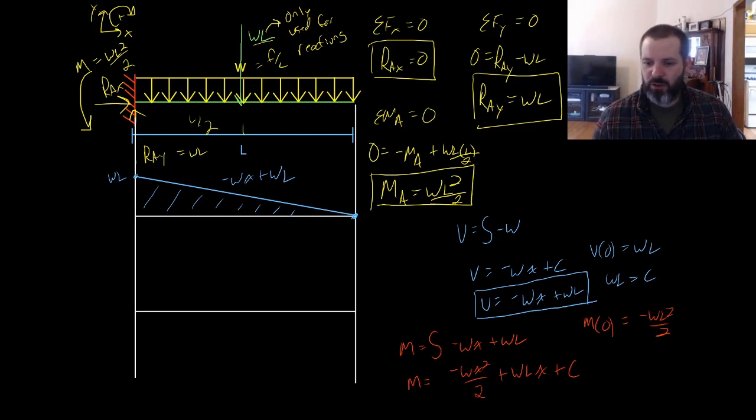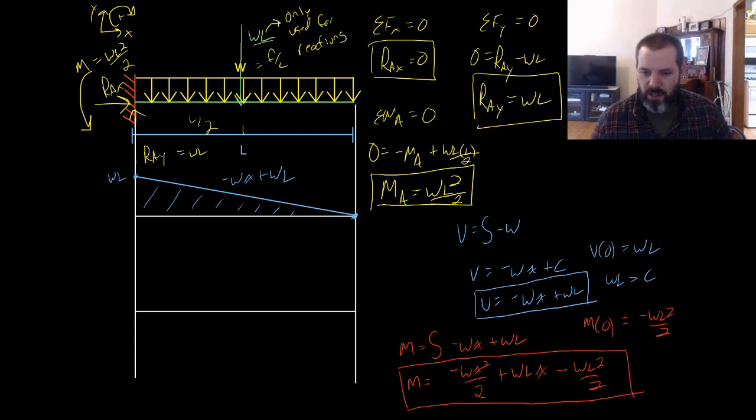If we plug in 0 for x, we find that the moment equals, and since I'm short on space again, I'll just erase the C here and replace it with minus WL squared over 2. This is our moment diagram. If we plug in 0 for the x, we'll find that it equals minus WL squared over 2.